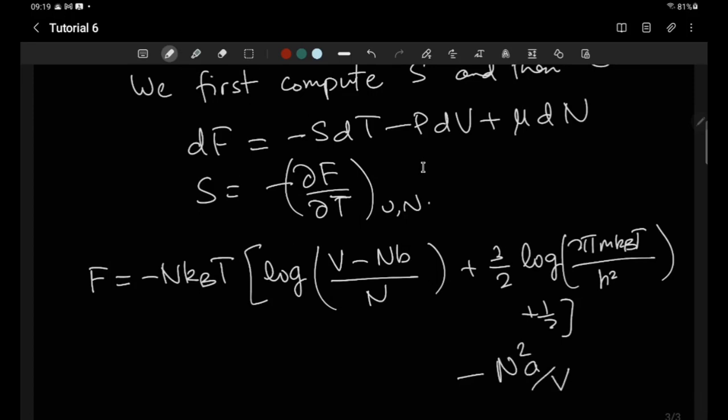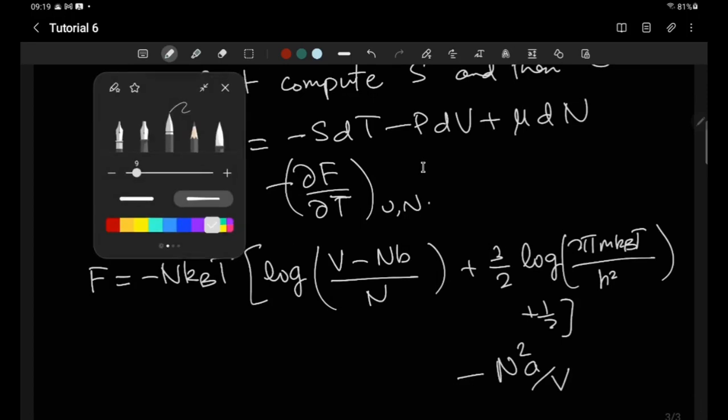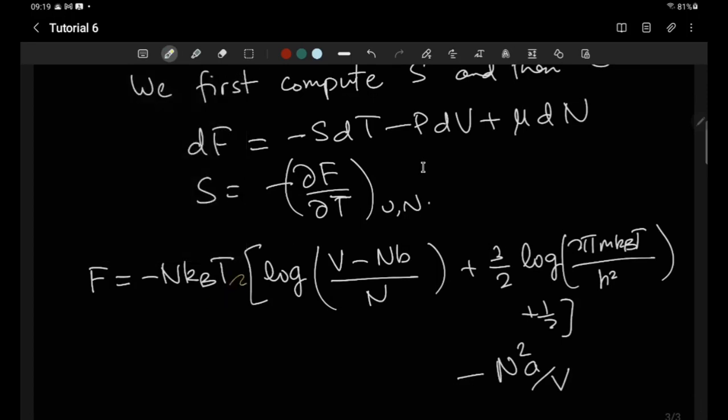We just have to look at where the dependence on T is. There's one T coming here and there's one T coming here. That's it.